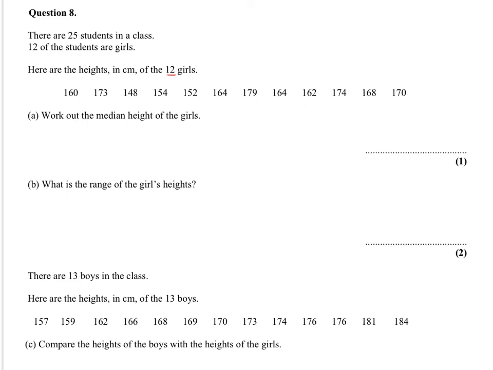So smallest number here is 148. I'm going to rewrite the whole list from smallest to biggest. Then 152, and be systematic, cross off each one as you go. 154, that stops you from making any mistakes. Next smallest is 160. Then we have 162. Then we have 164. 164 again.